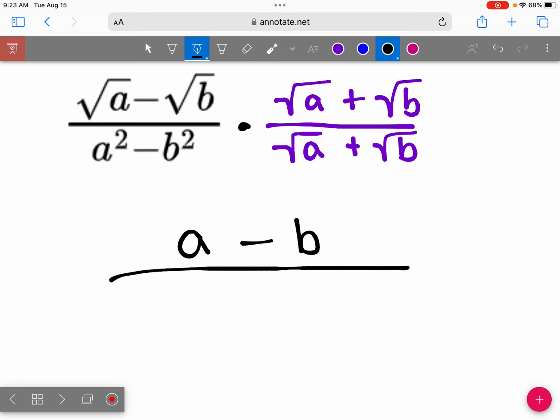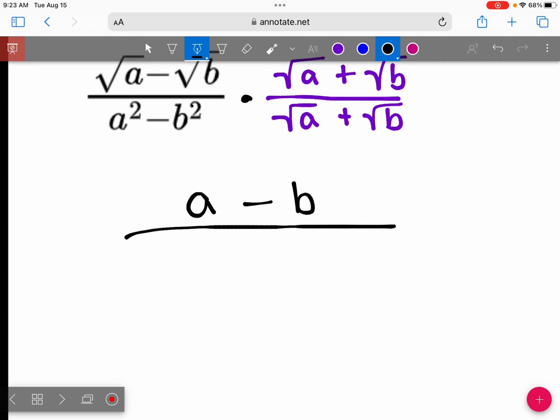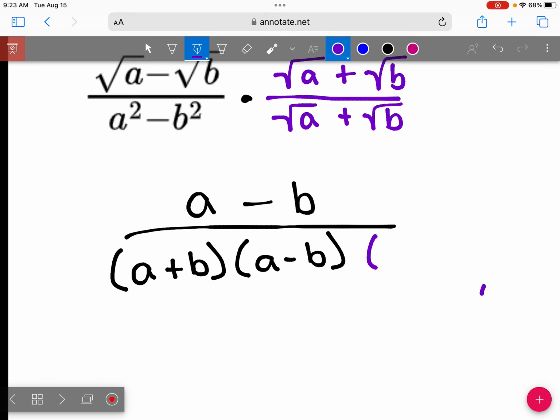Speaking of difference of squares, in our denominator, a squared minus b squared is another difference of squares. So they're wanting us to factor that term. Don't just distribute through. Because what we have here is our a squared minus b squared, which we could write as a plus b, a minus b, times that conjugate.